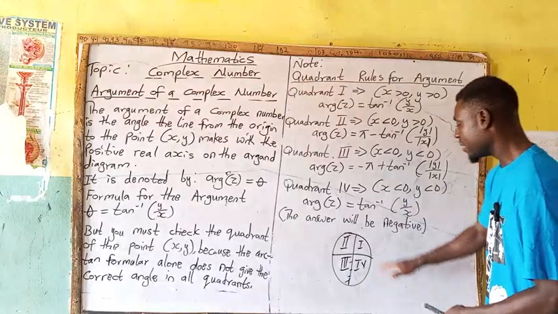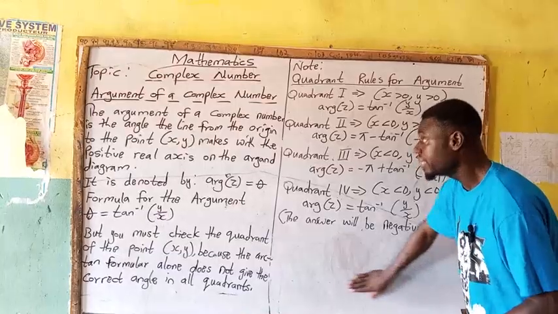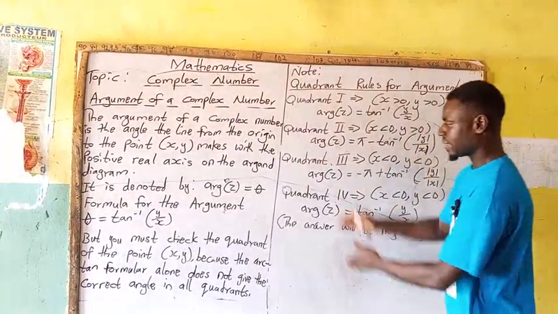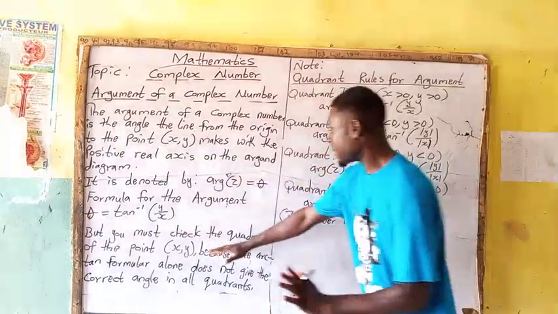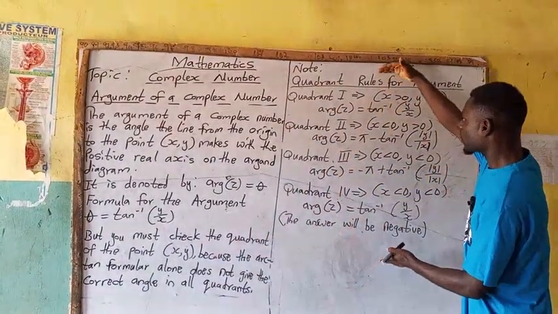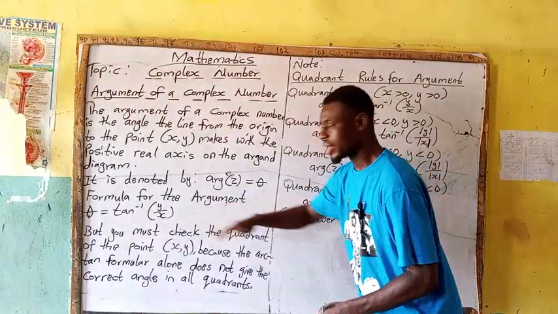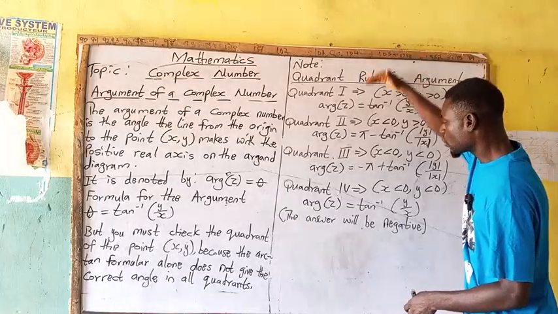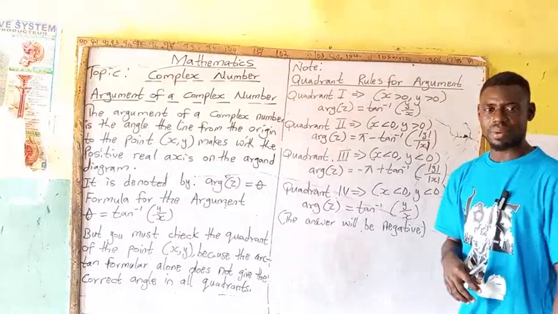So let's get started by solving some problems using this argument of a complex number format. We are going to use this formula. In short, if I were you, just focus on these quadrant rules, because the first rule has already covered the rule we are to use. So let us use these rules to solve problems on the argument of a complex number.